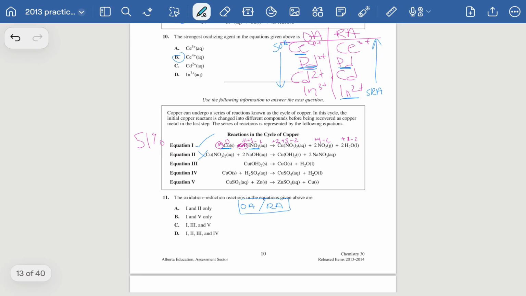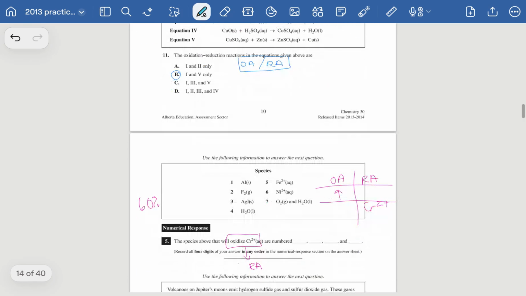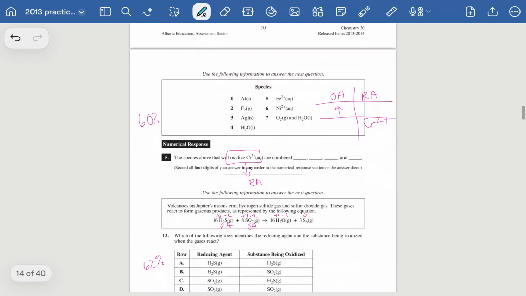So you go through all of them, assign those numbers, check it out, and you'll see that only reaction 1 and 5 have an OA and an RA. So those are the only two that are redox reactions. Now, again, it's not that this is hard, it's just long, and you have to just assign those numbers and look for the change.